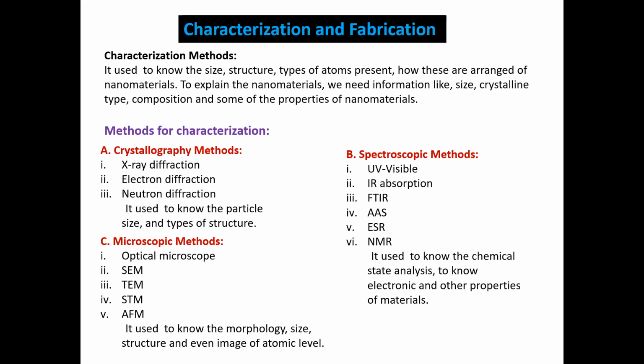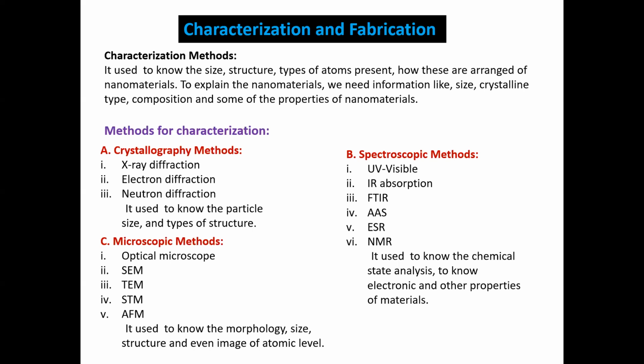So the extinction by the particles depends not only on the optical properties of the material, but on the optical properties of the medium in which it is distributed, as per the equations we have seen. So which equation did we see? The C extinction equals 24 pi square r cube epsilon m to the power 3/2 upon lambda, into epsilon 2 upon epsilon 1 plus 2 epsilon m whole squared plus epsilon 2 square.